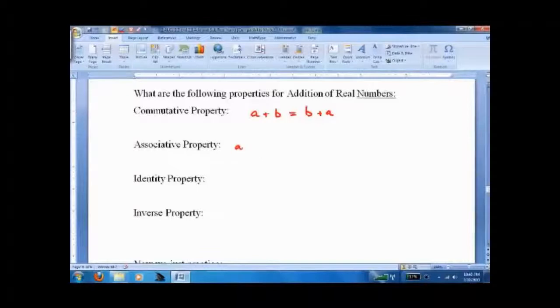Associative property, we get A plus B plus C equals A plus B plus C, except we put parentheses around the A plus B over here and the B plus C over there. And these are properties, we don't have to prove them. In this case, we just take properties as givens.